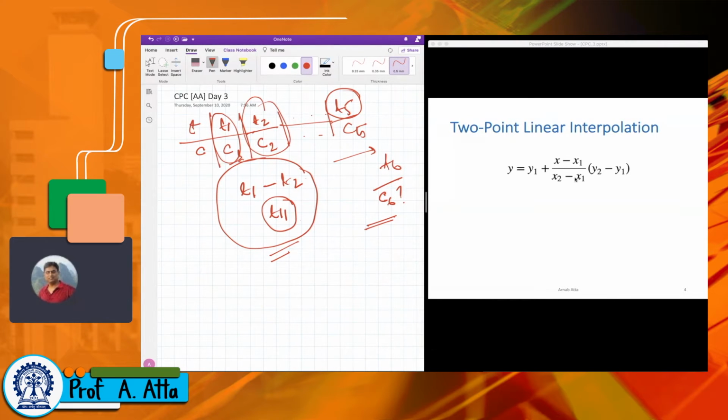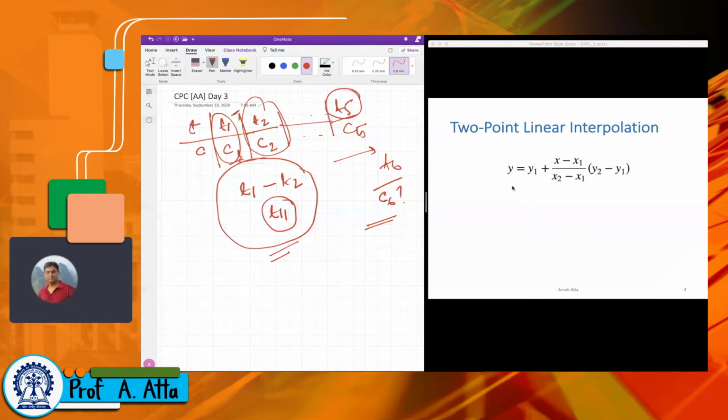Here it is written in generic form, where x1 y1 and x2 y2 are the two discrete points. You get a straight line expression and then you get whatever is in between. This kind of fitting works best if you have been asked to calculate an interpolated value.